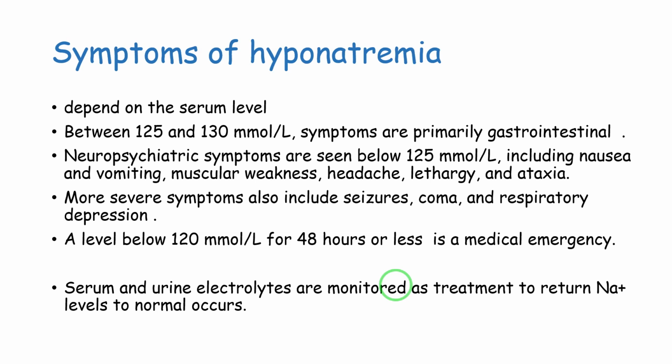If the level is between 125 and 130, there will be only GIT manifestations. If it is below 125, there will be neuropsychiatric manifestations in the form of muscle weakness, headache, nausea, vomiting, and lethargy. If it is below 120, we consider it a medical emergency.